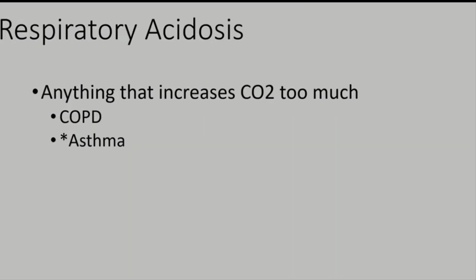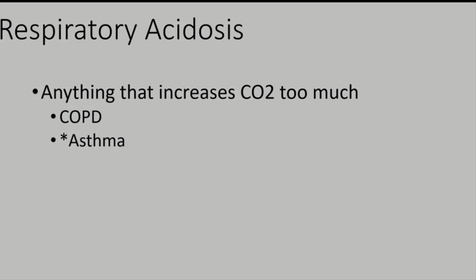So what are some things that could cause each of these conditions? In respiratory acidosis, anything that increases CO2 in your body to above normal. Well, remember, we breathe. With every breath, we get rid of CO2. So if we're not breathing enough, if something's interfering with our breathing, then CO2 remains in our body and it builds up.